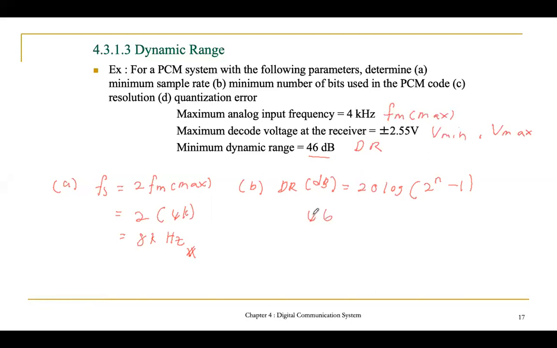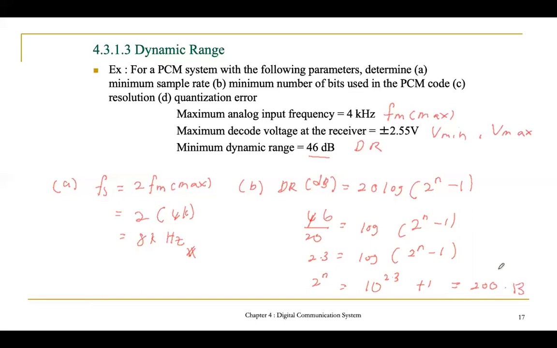Okay, 46 divided by 20 here, you will get log 2 to the power of n minus 1 equals 2.3. And 2 to the power of n is equal to 10 to the power of 2.3 plus 1. And you will get 200.53.